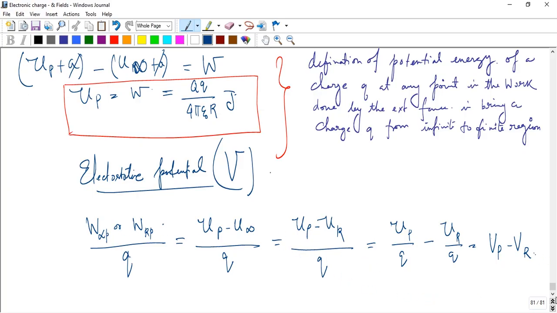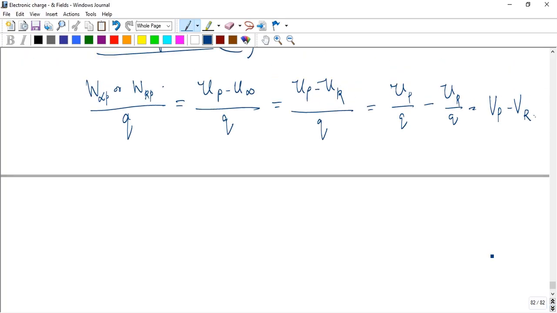So what is the potential? The potential is equal to W by q in short form, that is the change in energy by q, which is equal to V, the potential. Similarly, E, the electric field, is equal to F by q, where F is the electrostatic force. So actually the electric field is independent of the test charge.